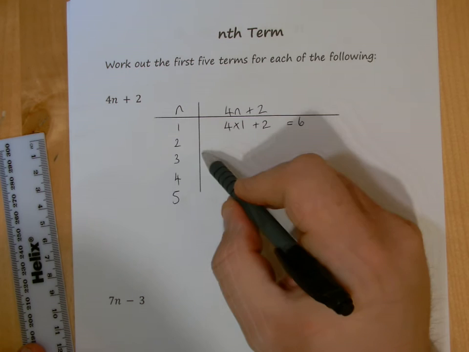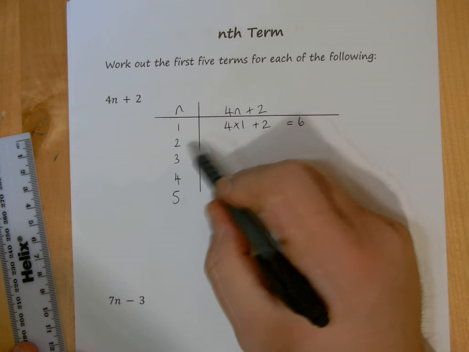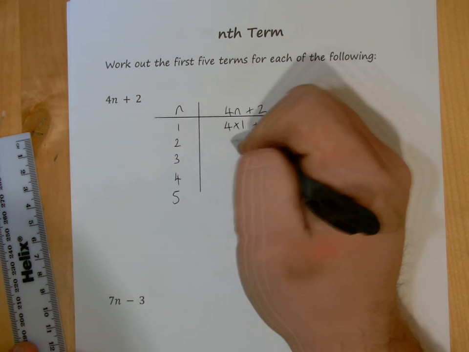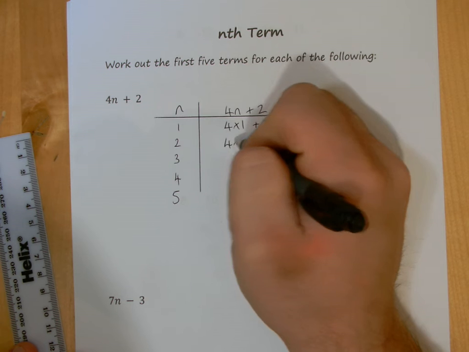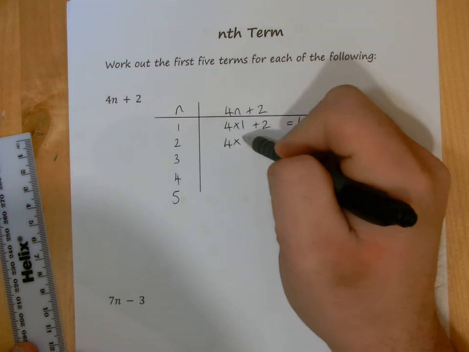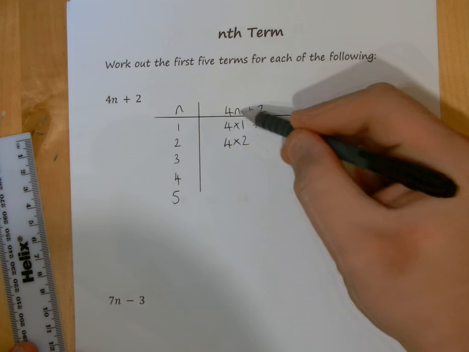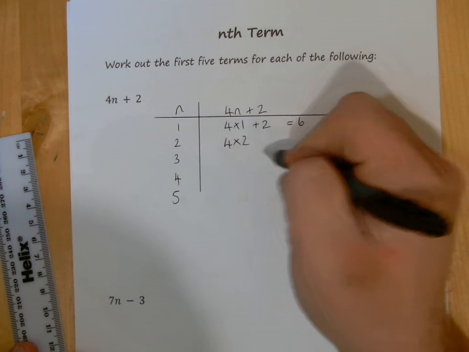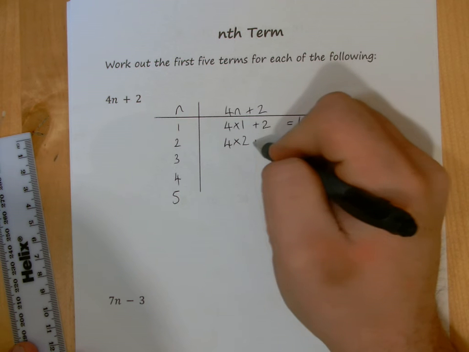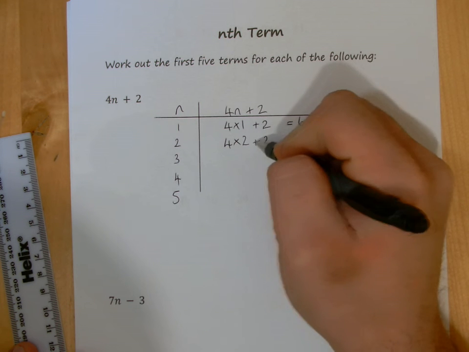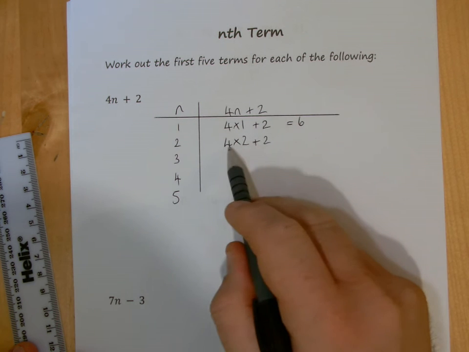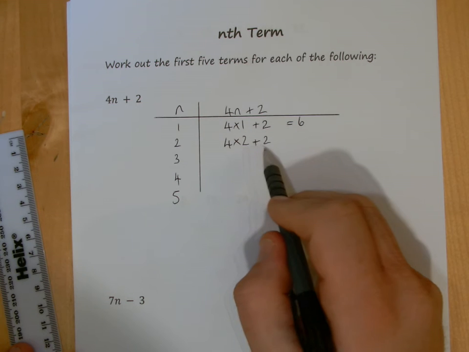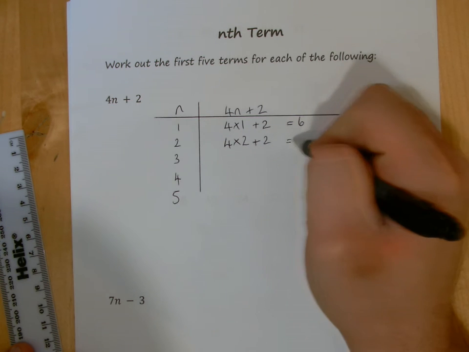So for the second term, n is 2, so we'll have 4 times 2 this time, plus then the 2 at the end. Well, 4 times 2 is 8, plus then the 2 is equal to 10.